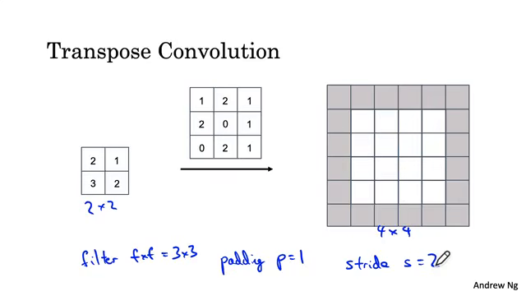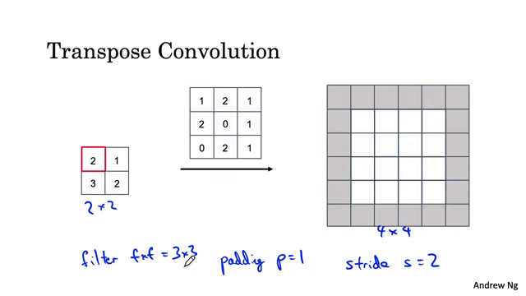In the regular convolution, you would take the filter and place it on top of the input and then multiply and sum up. In the transpose convolution, instead of placing the filter on the input, you would instead place the filter on the output. Let me illustrate that by mechanically stepping through the steps of the transpose convolution calculation. So let's start with this upper left entry of the input, which is a 2.